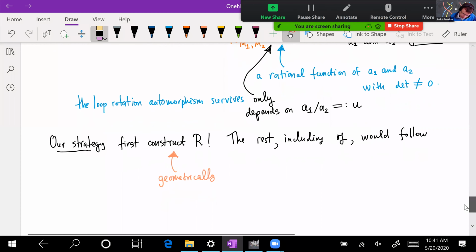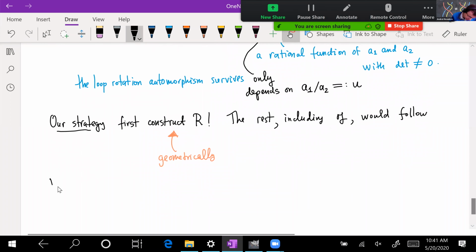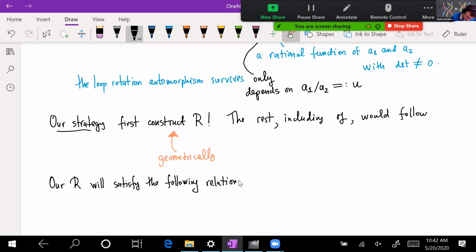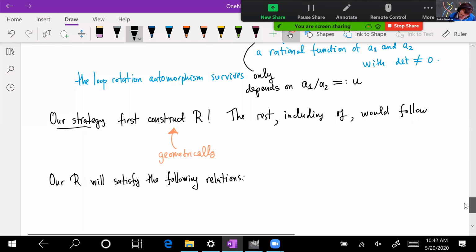And so what are the relations? R will satisfy the following relations. So first, the first relation is called unitarity.